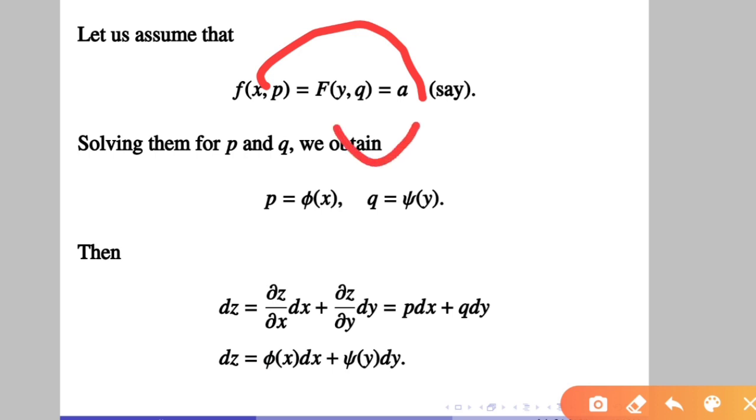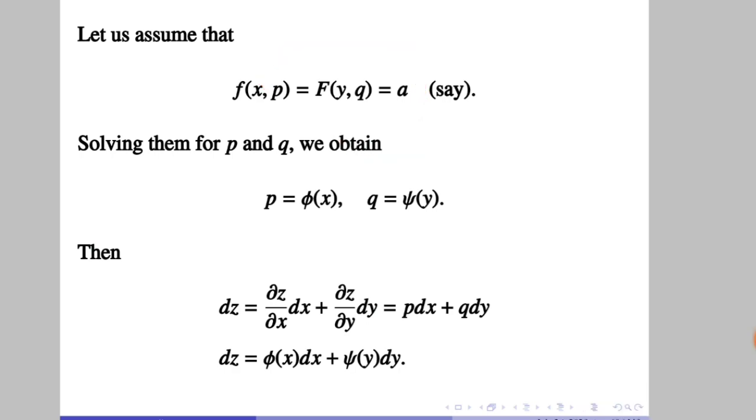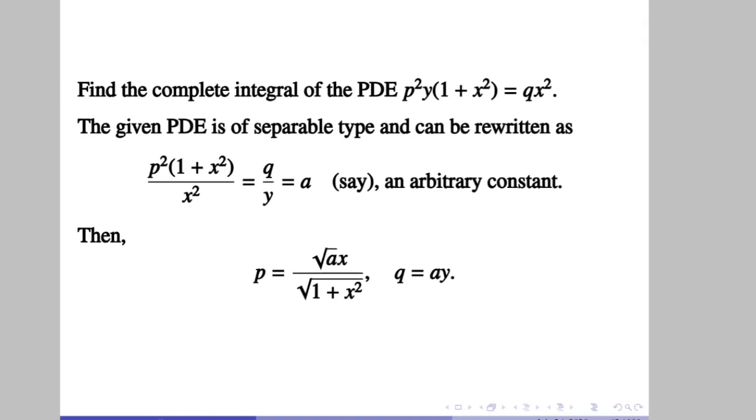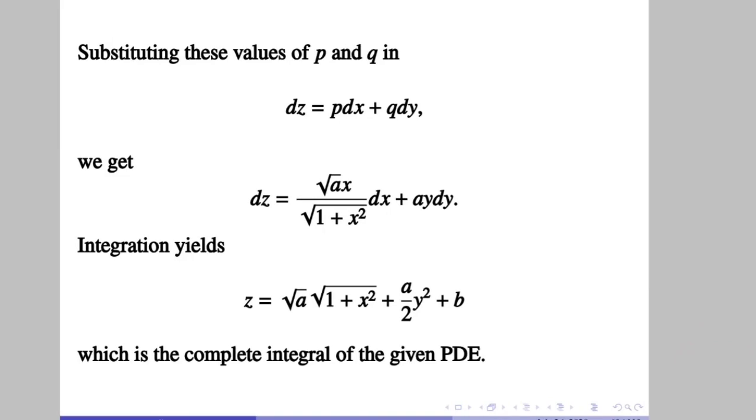So p is of the form phi of x and q is of the form psi of y, and you are substituting here. You can integrate this to get a general complete integral. So for this problem we are writing a, and p we are getting like this, q is equal to ay, and then we are substituting and integrating. We are getting the complete integral as z equal to.